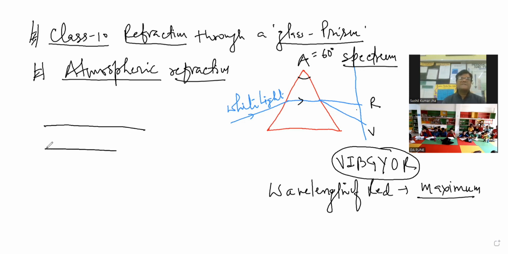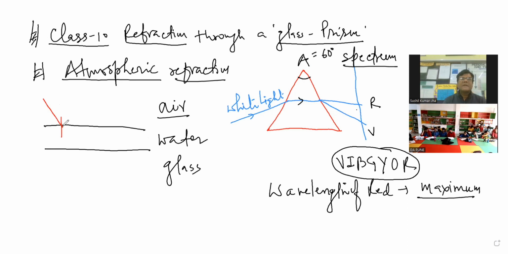let's draw these 2 lines, and just imagine the uppermost part is air. After that we have water, and then we have something more dense, and just imagine this is glass. Now if light is striking this surface, light will be entering from air to water, so what will happen?